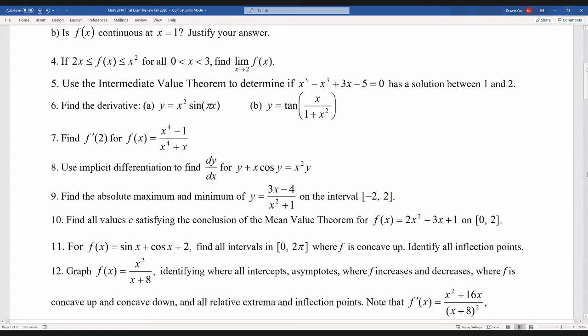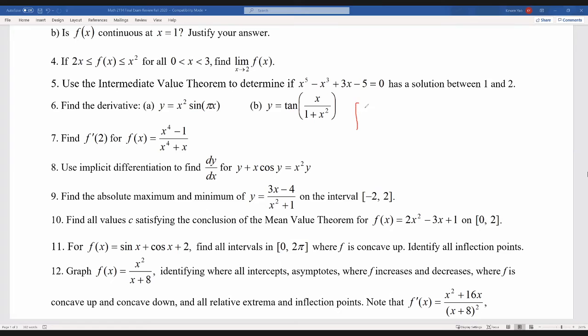For a fifth degree equation, we don't have any formula to solve this, right? So you have to use IVT to determine that you have a root between 1 and 2, even though we don't know how to solve it, right? So that's straightforward, right? You have to remember how to apply IVT, right?